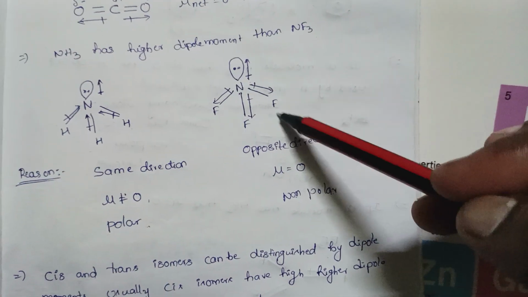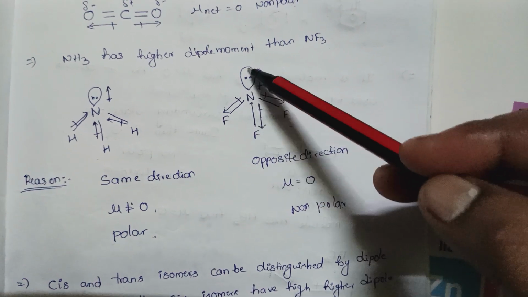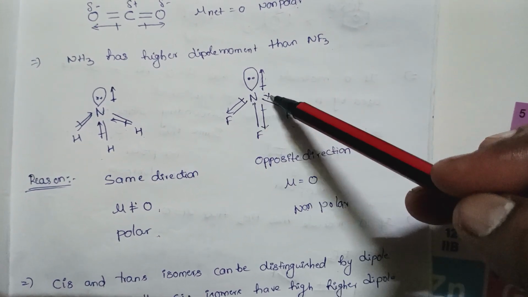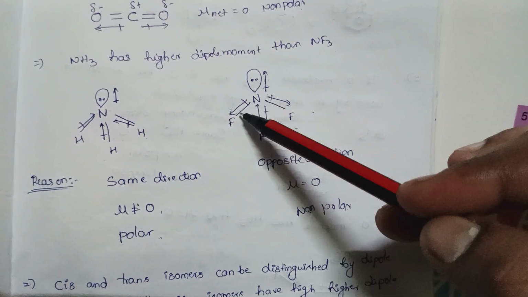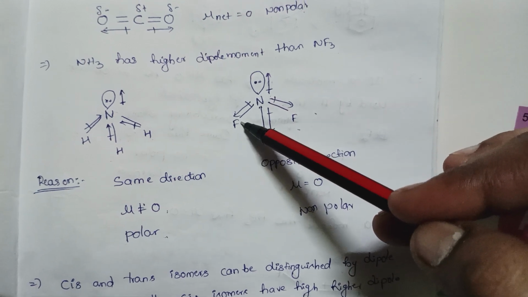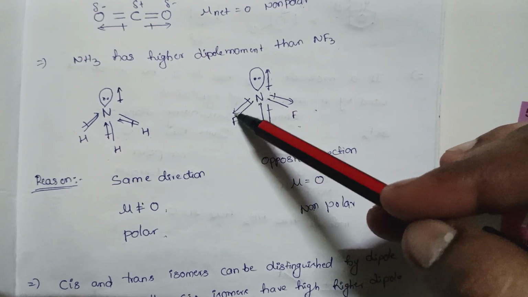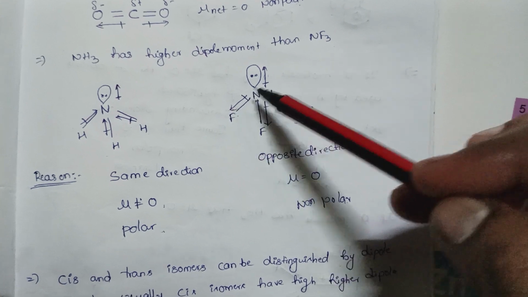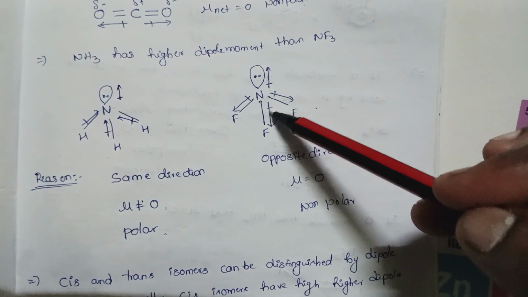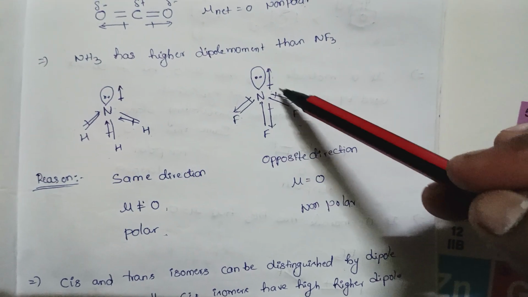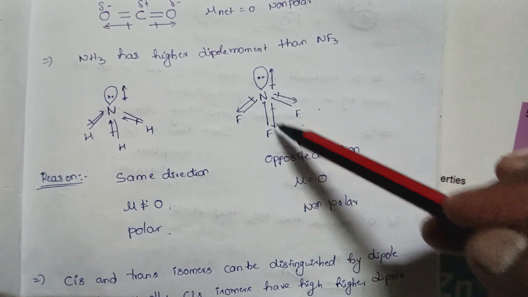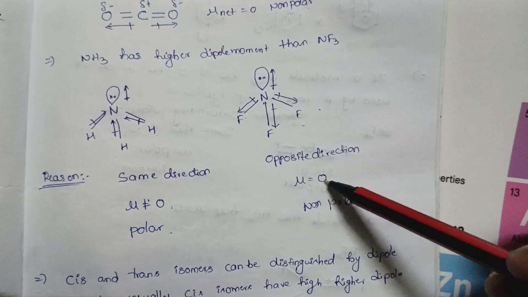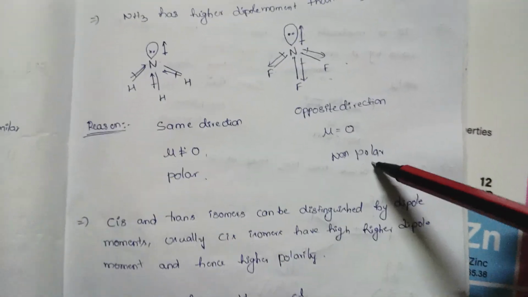If we take the NF3 molecule, it also has one lone pair of electrons and three bond pairs, and fluorine is more electronegative than nitrogen. The arrows point towards fluorine, and the vectors are in opposite directions, so the net dipole is almost 0. It is a polar molecule.